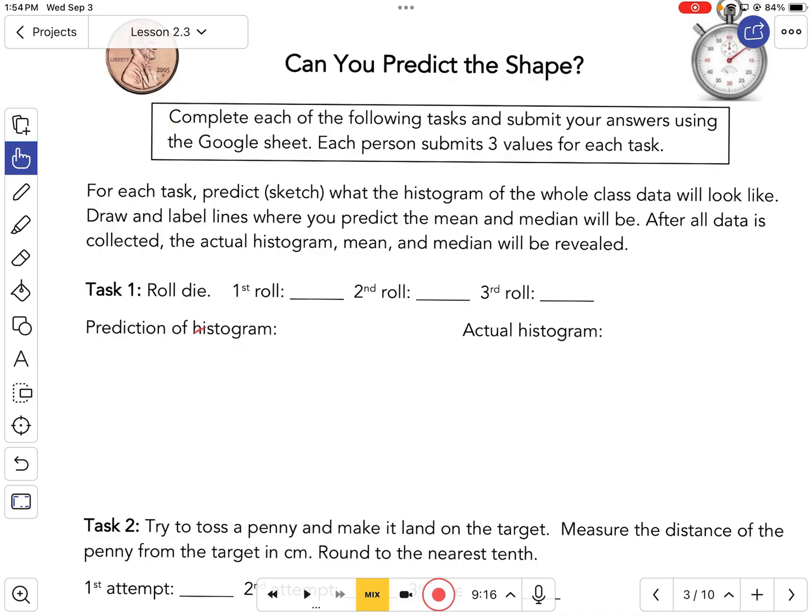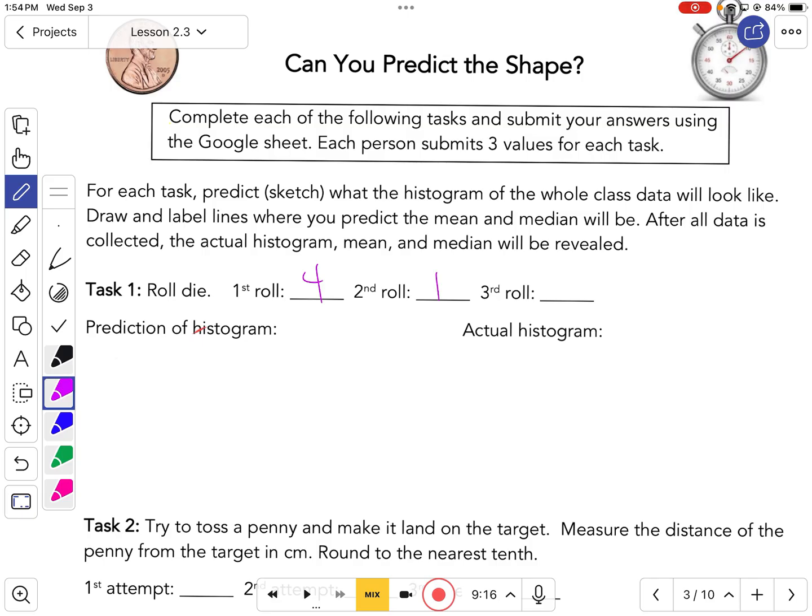Okay, so just write down the 3 numbers that you get. So that's what I got. All right? A 4, a 1, and a 3.